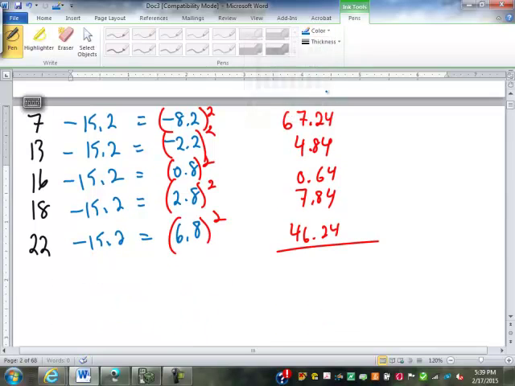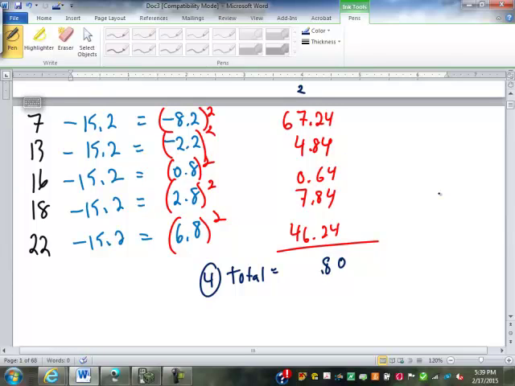What is step 4? We find the total. We sum those up. That's going to be 126.80. Looks to be. How about step 5? Divide by n minus 1.